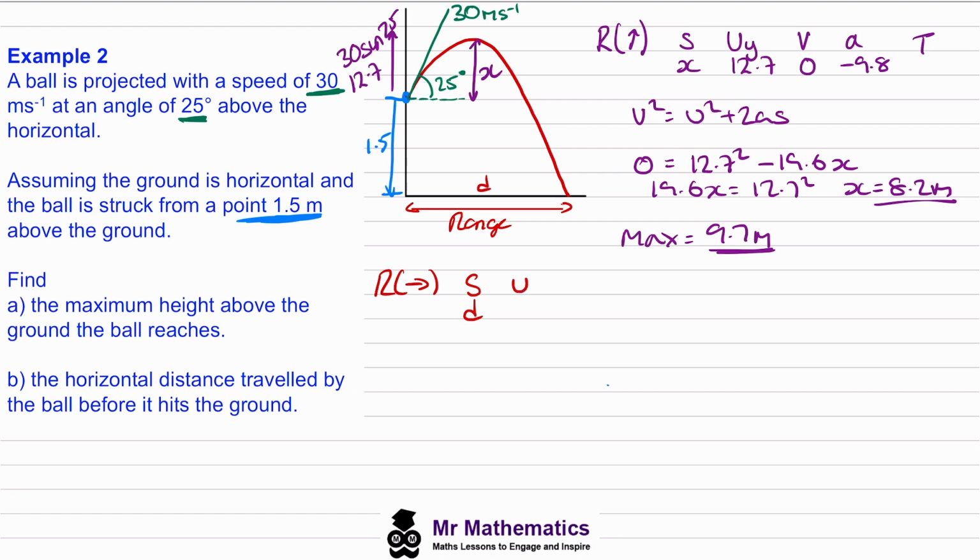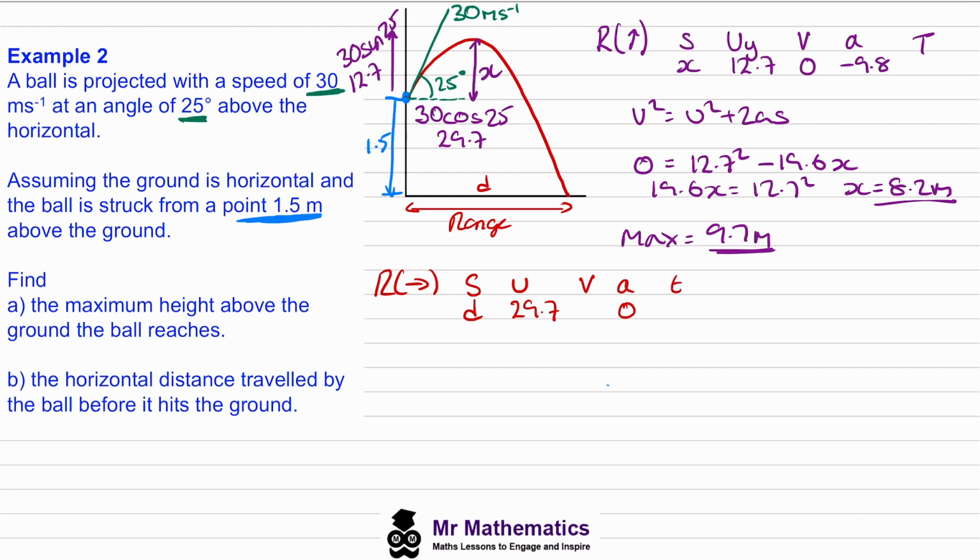The initial velocity, well, the initial velocity I can find by working out this component of the 30 meters per second. And because this does contain the angle, it'll be 30 cos 25, which works out as 29.7 meters per second. The final velocity we don't know. The acceleration we know is 0, and we don't know the time.